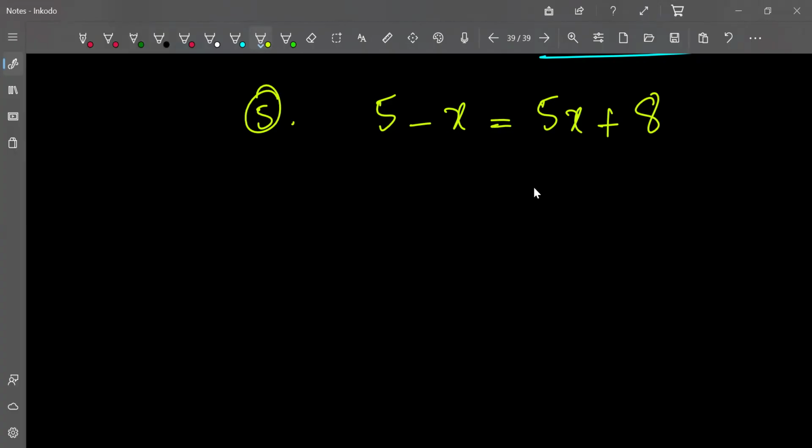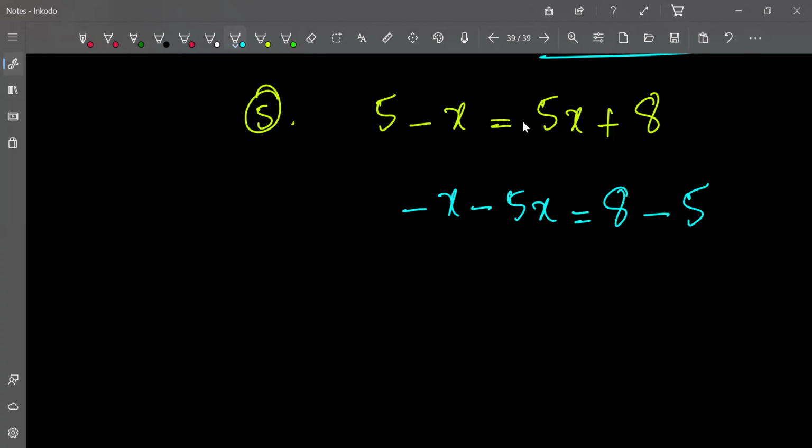Okay, so let's move the term containing x into the left side and the term containing a number into the right side, and we solve it step by step like the previous example. Okay, so this equation becomes negative x minus 5x. Okay, and equals 8 minus 5.